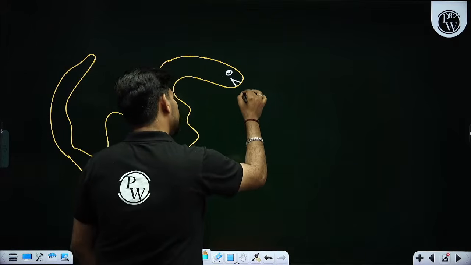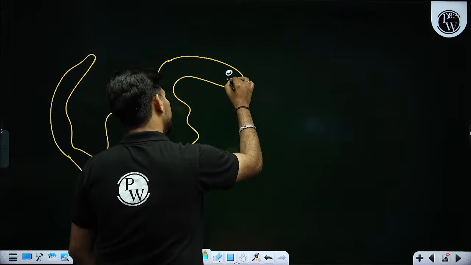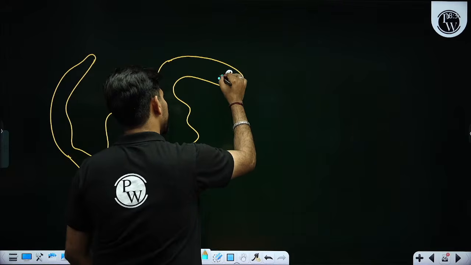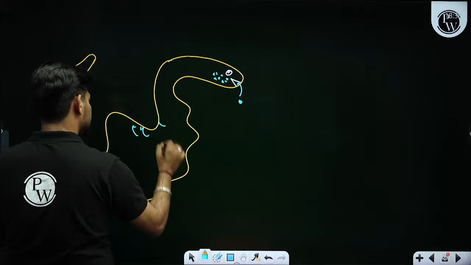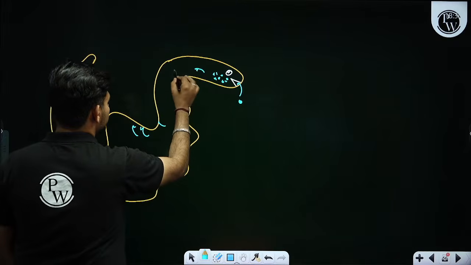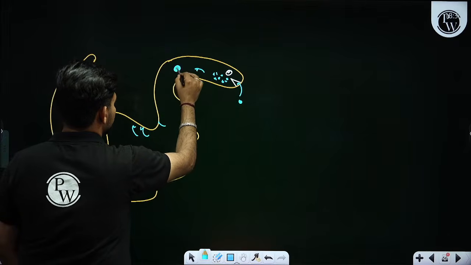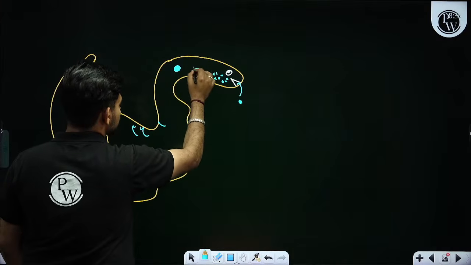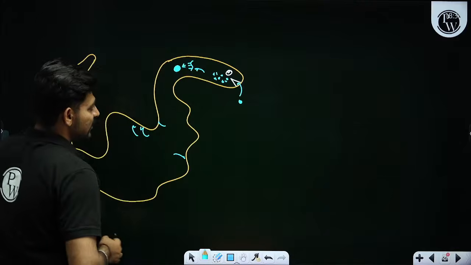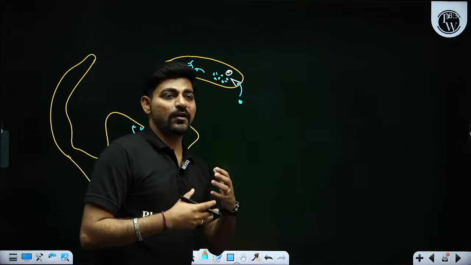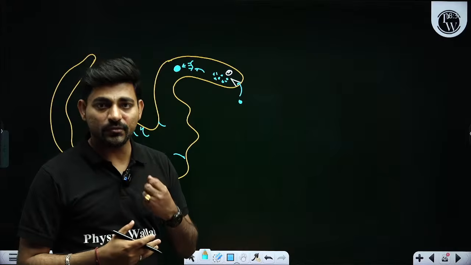Whenever it feeds upon the tissue from the tobacco root, it gains the nutrients. A special protein is produced from mRNA in its body whenever it is feeding on the tissue of the tobacco plant.